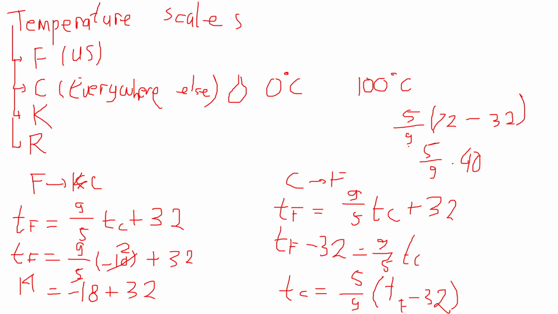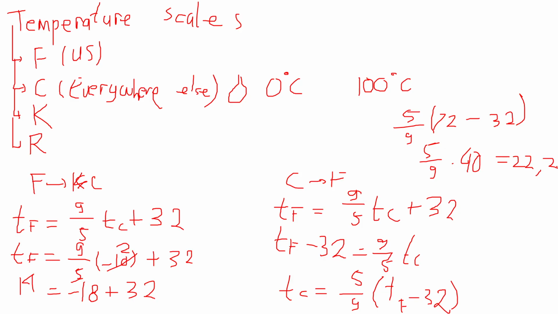How much is that? Let me use a calculator. I don't like this number. 22.2. Now let's Google it for confirmation. 72 Fahrenheit to Celsius is 22.2. Yeah, 22.2. Boom.